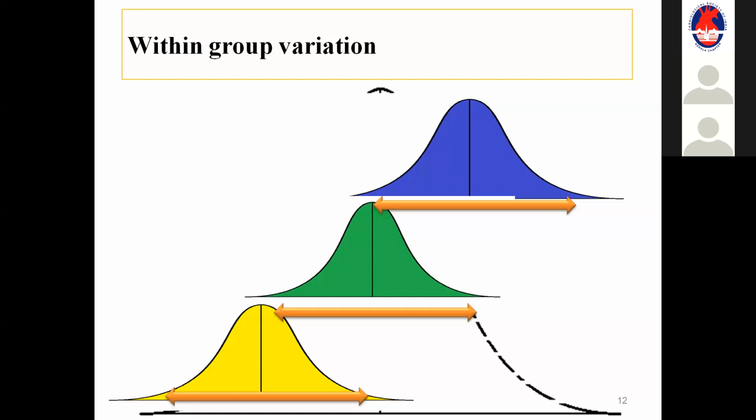Even though all those means are different, we will see that their within group variation is higher, and we cannot conclude anything about their outcome. So higher within group variation is favorable to the null hypothesis. A lower within group variation is not favorable to the null hypothesis.